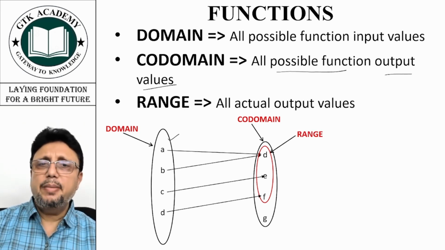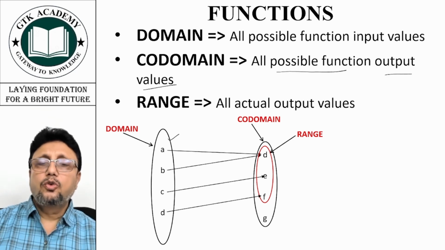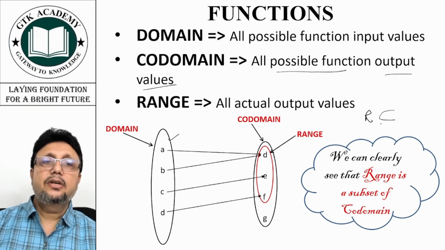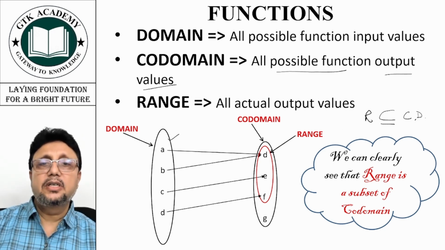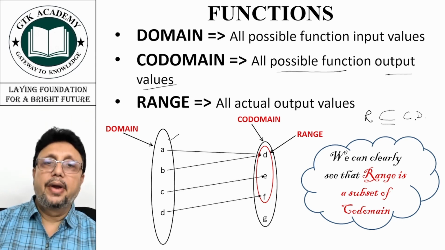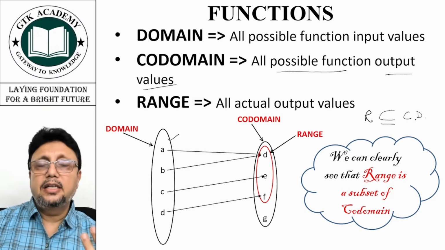I think to some extent it is clear. So we can easily see that the range is always a subset of codomain. It can be equal to codomain in some cases, but it's always a subset of codomain. It's always smaller, or at the maximum it will be equal to codomain.